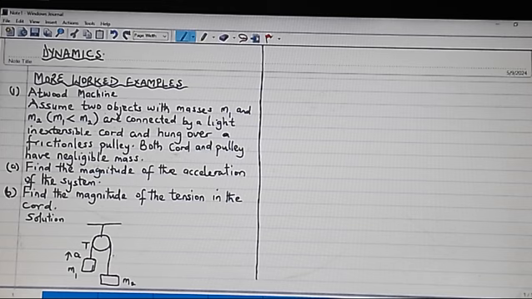While in this case we have the same tension in the cord, but the acceleration for mass 2 is downwards because M2 is pulling M1. So we have gotten a figure that we can work with. How do we proceed to find the acceleration and the tension?